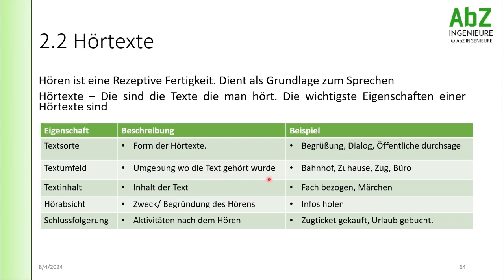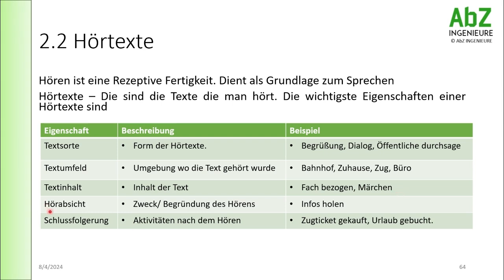A typical example will be Bahnhof, like train station, at home, in the train, office, etc. Then we have Textinhalt, basically the contents of the text. It could be fachbezogen, technical, or it could be a story, a fairy tale, etc.